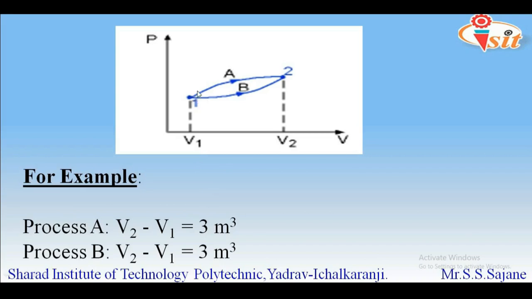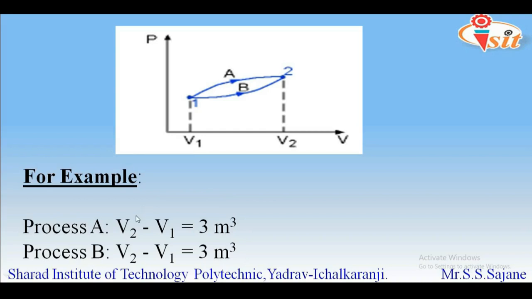So even if the system is changing via path A, or it may change via path B, for determining the value of change in volume, we are just going to take these values, that is V2 and V1. So in both the cases, that is for process A or process B, we will be getting the same value, that is 3 meter cube.